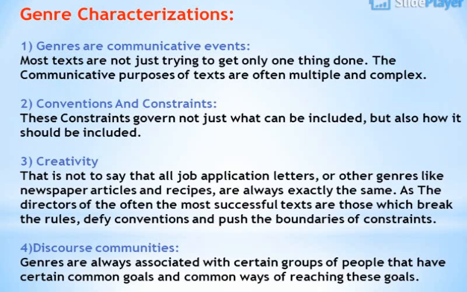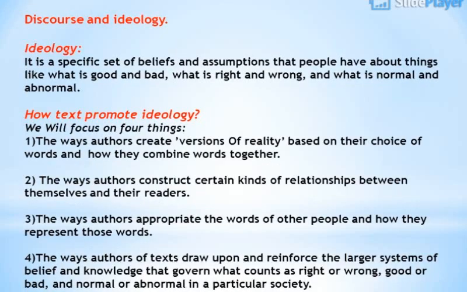That is not to say that all job application letters, or other genres like newspaper articles and recipes, are always exactly the same. Often the most successful texts are those which break the rules, defy conventions, and push the boundaries of constraints. For discourse communities, genres are always associated with certain groups of people that have certain common goals and common ways of reaching these goals.